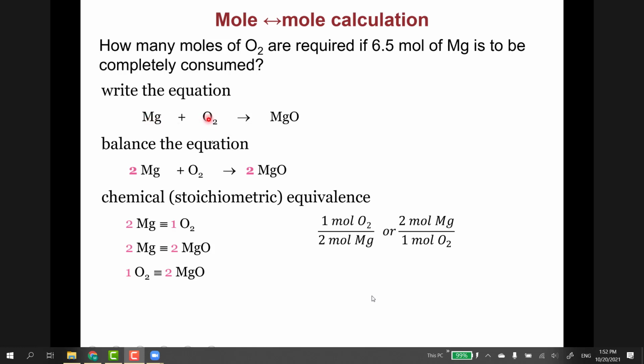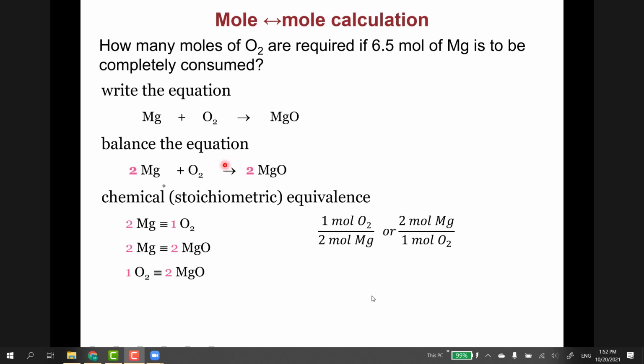Oxygen is 2 here, but 1 here, which means we have to put 2 as a coefficient in front of magnesium oxide, and that will make magnesium 2, which means we have to put 2 in front of magnesium on the left-hand side.